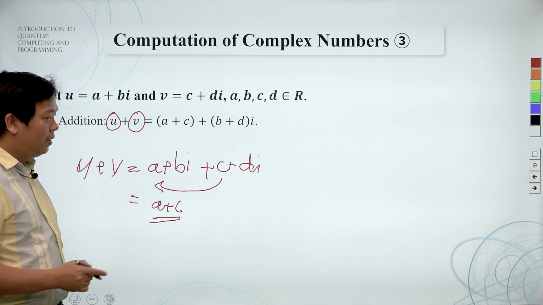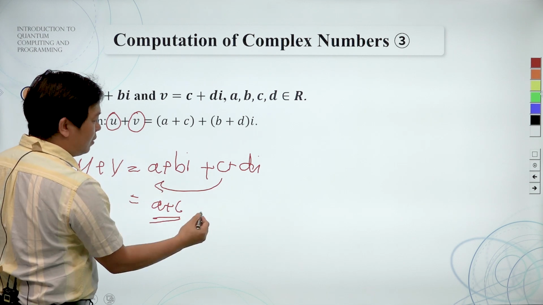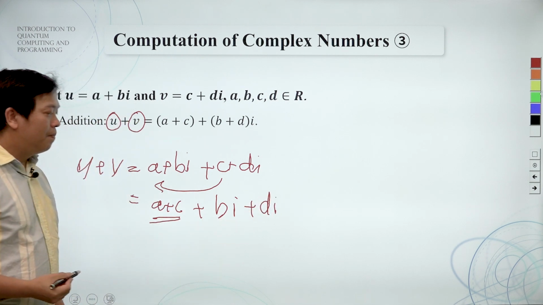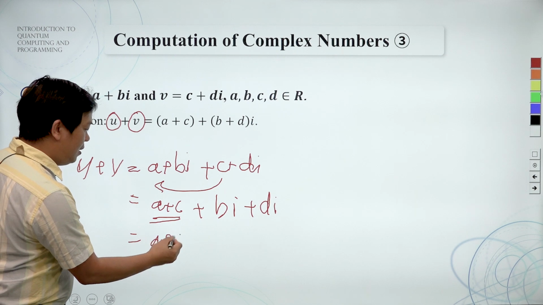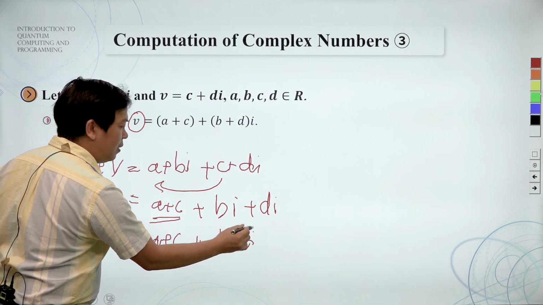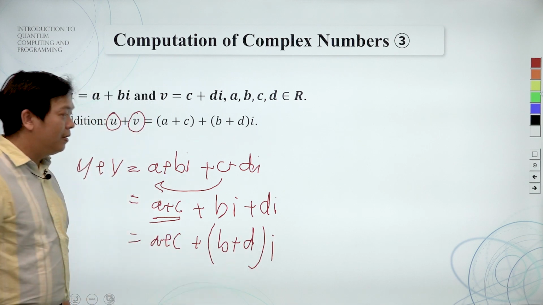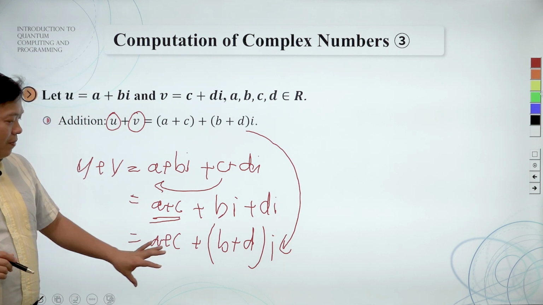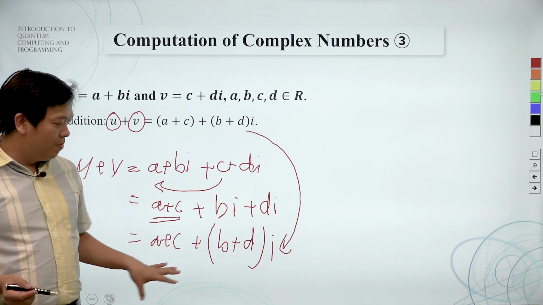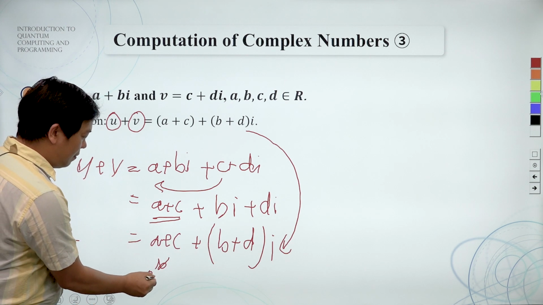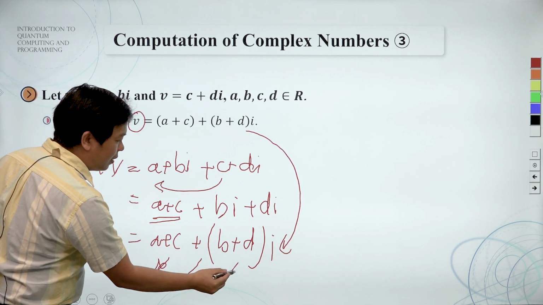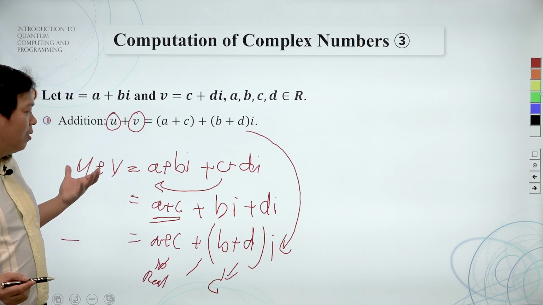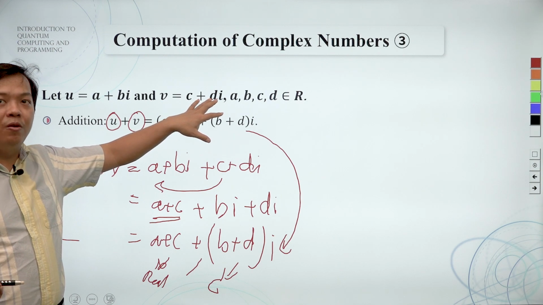So we have a plus c, plus b plus d times i. Because the real parts and the complex parts combine separately, after adding two vectors we have the same format as the original one.